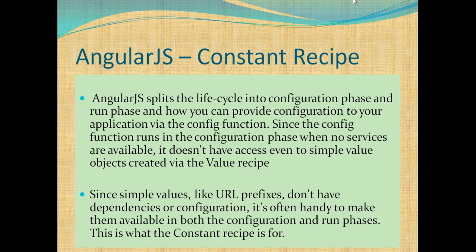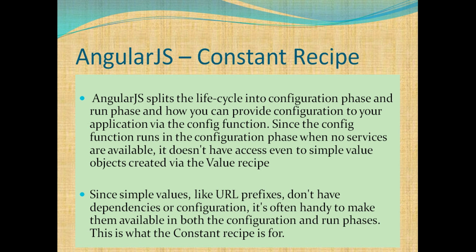Now let's discuss constant recipe. AngularJS splits the life cycle into configuration phase and run phase, and you can provide configuration to your application via the config function. Since the config function runs in the configuration phase when no services are available, it doesn't have access even to simple value objects created via the value recipe.